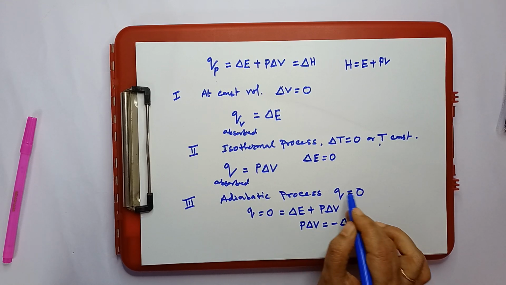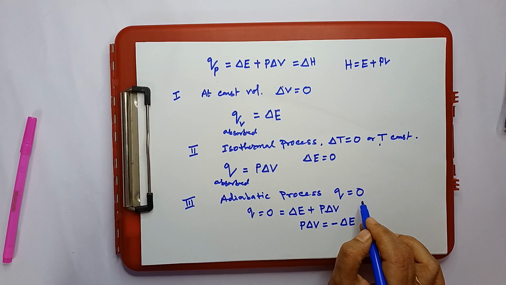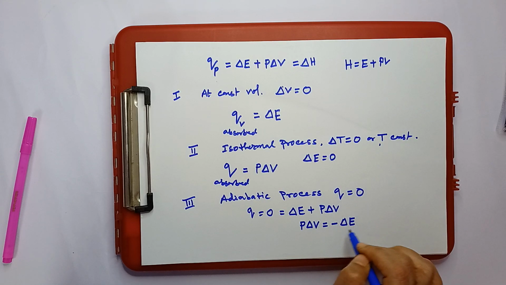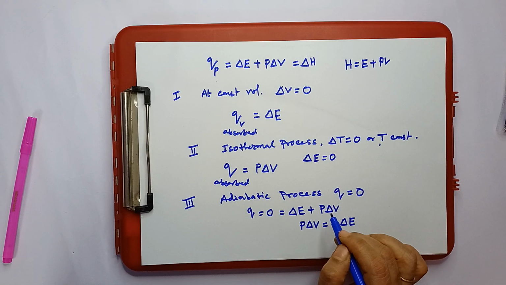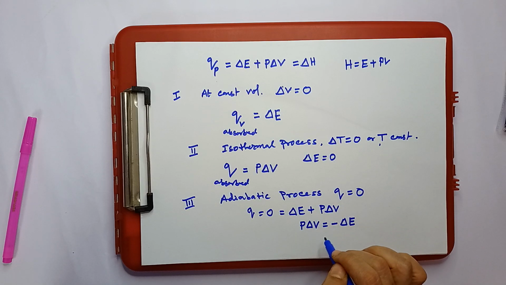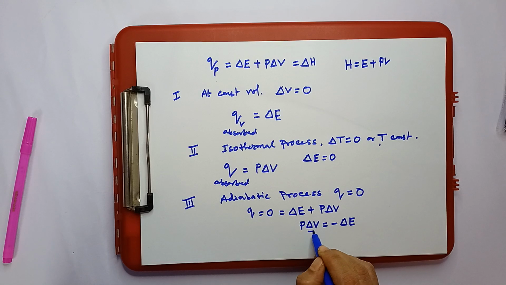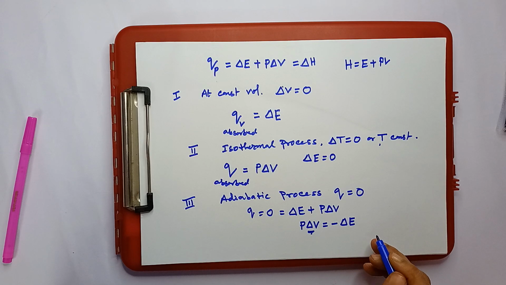But no heat is supplied to the system. It is completely insulated. Then from where will it take the energy? It will use its own internal energy to perform this pressure volume work. So internal energy decreases, and internal energy decreases means temperature decreases.